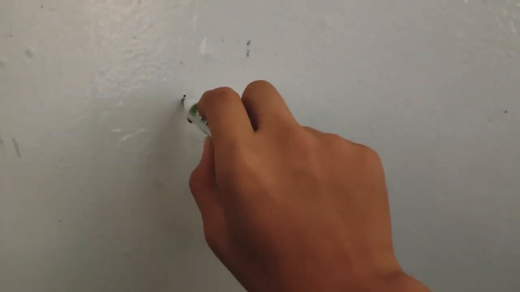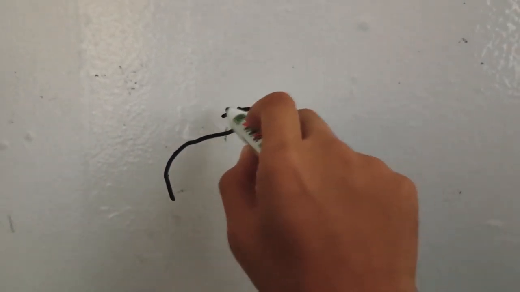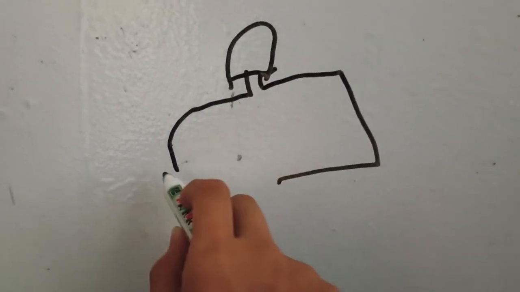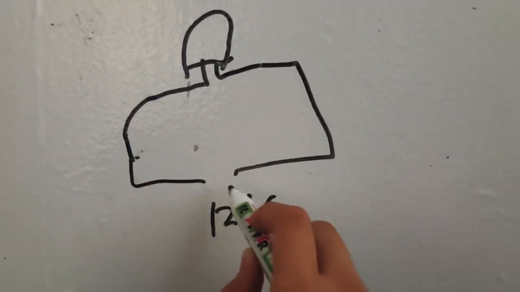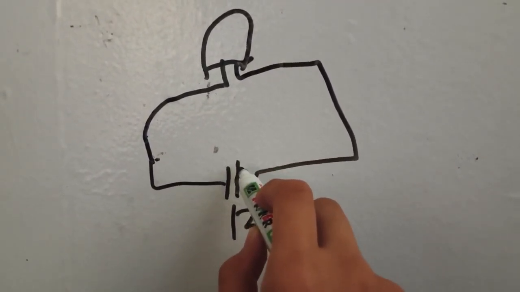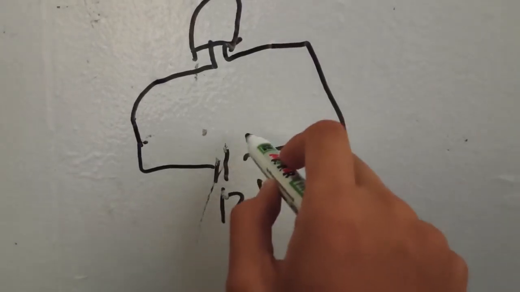Okay, so this is a wire, and then this is an LED. Let's say this is 12 volts, and it produces a bunch of current. Let's just say that's the battery.